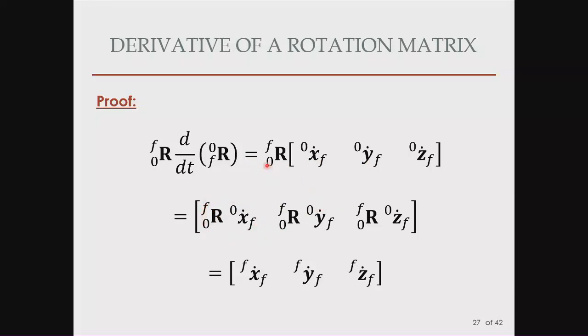I can just pre-multiply each vector by this matrix to create the new vector here. Now, what is the result of this? x_f dot in frame 0 pre-multiplied by the rotation matrix from 0 to f, I get x_f dot in f. And so on: y_f dot in f, z_f dot in f.